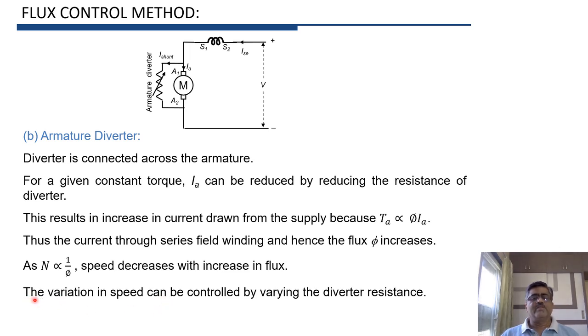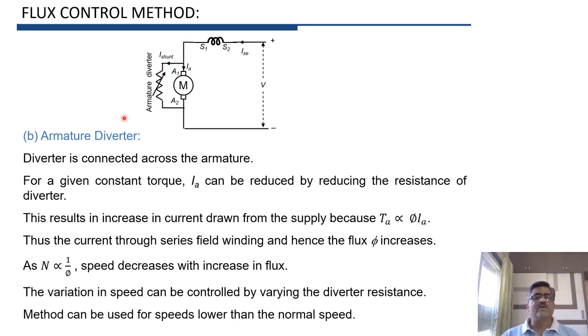So here the speed can be controlled by varying the diverter resistance. Here you have to note that with the help of this method, we can obtain only those speeds which are below the normal speed of the motor.